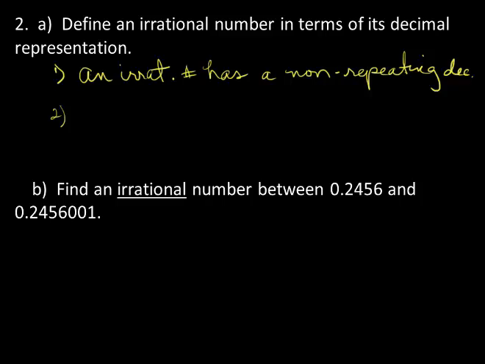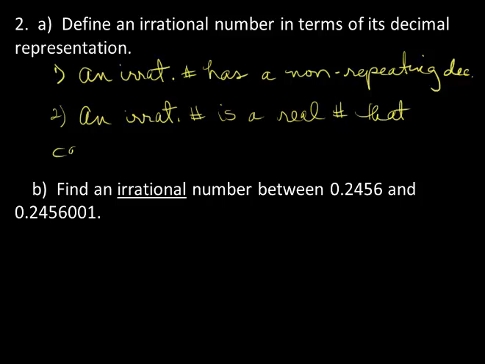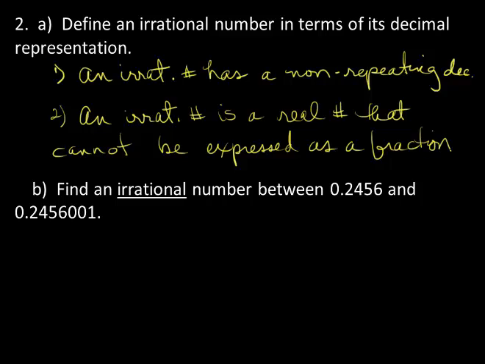So the other definition is an irrational number is a real number that cannot be expressed as a fraction. And I mean a fraction of integers. It cannot be written as a over b, where a and b are integers and b is not 0.